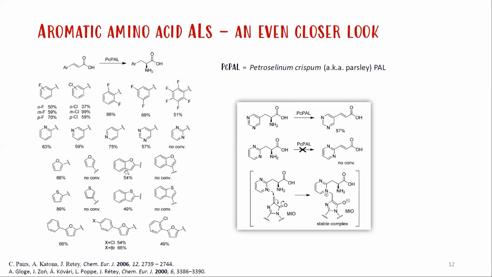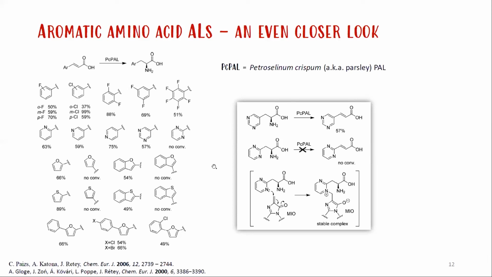What is quite interesting, for example, in this here, I believe pyrazine, we see some conversion, but as soon as the position of the nitrogen is changed in this way, they saw no conversion at all.